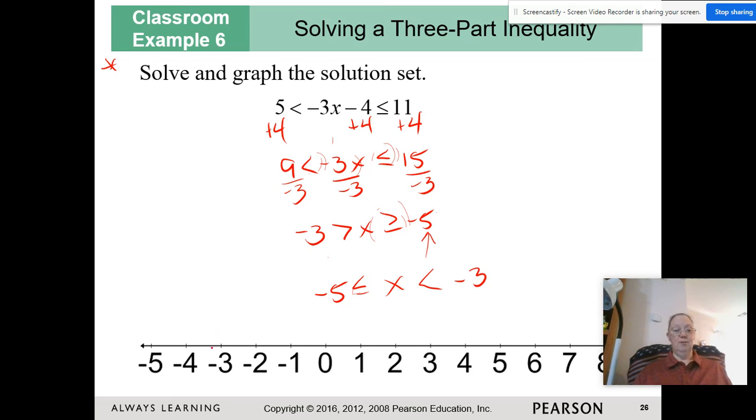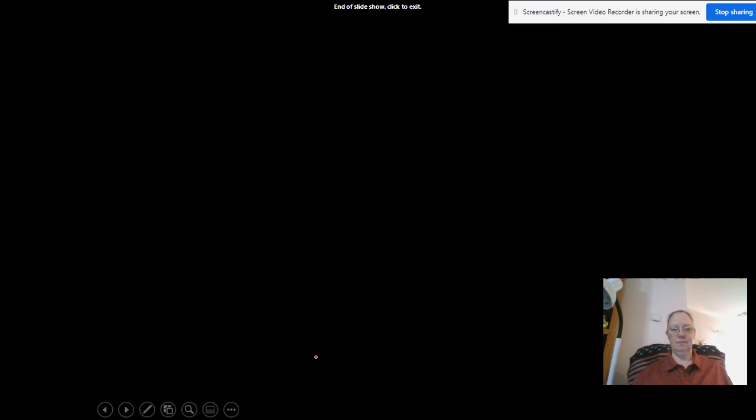Yeah, 2 tricky parts. So between -5 and -3, an equal to on the 5, and no equal to on the 3. So my interval, bracket on the 5, parentheses on the 3. All right.